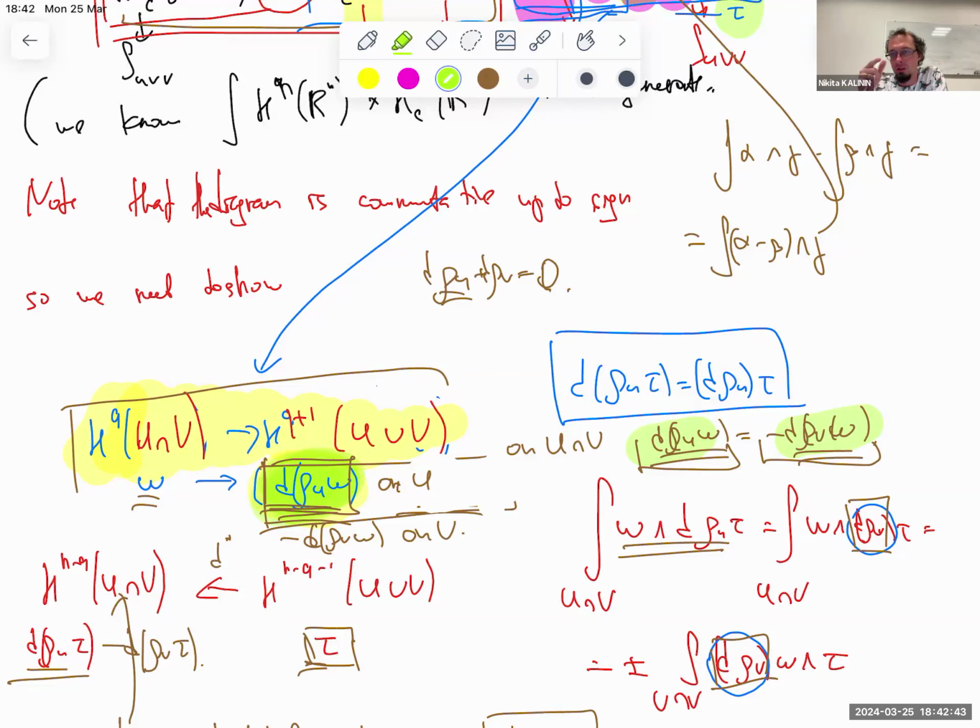So it doesn't matter. You can just check it for U, for V. And then it boils down just to switching the order of integration. Okay, so if you try to do it and you fail, then just tell me and we can discuss at any time.